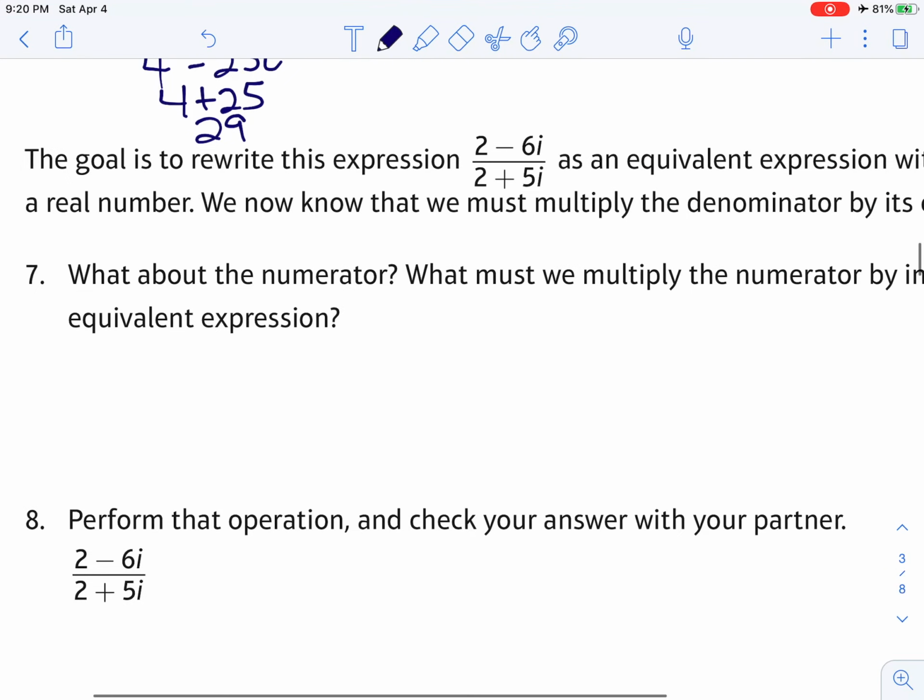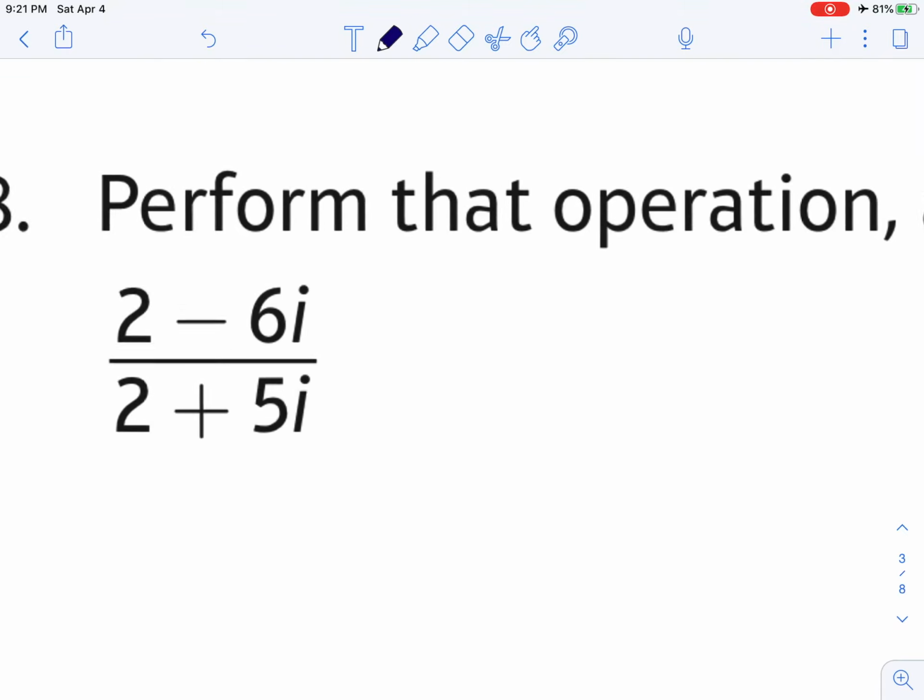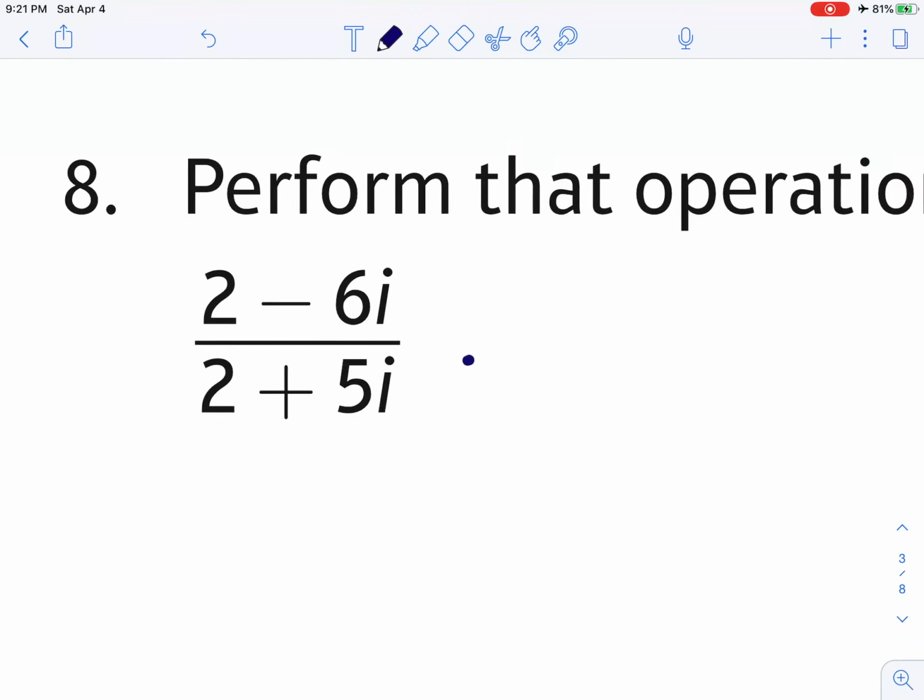Okay, what about the numerator? Well, guys, if I multiply something by the denominator, I also have to do that in the numerator. We've been doing that with fractions for years now, like when we find the common denominator. So if I multiply the denominator by the conjugate, I need to multiply the numerator also by that conjugate. So let's see, right here.